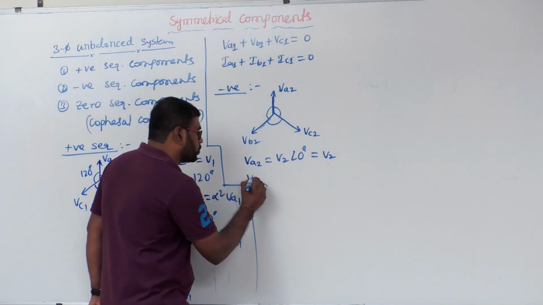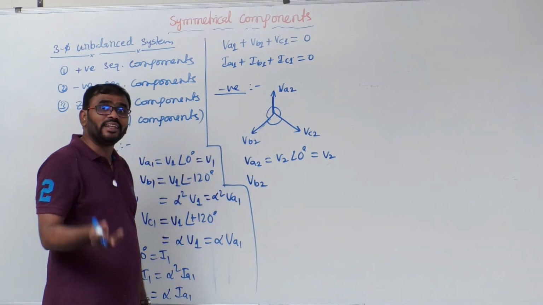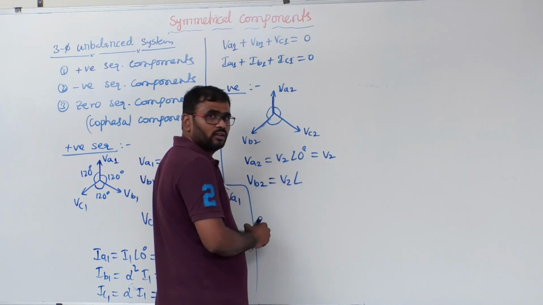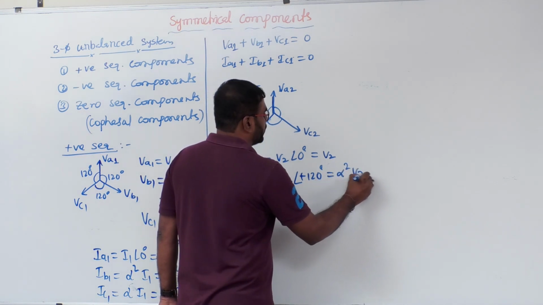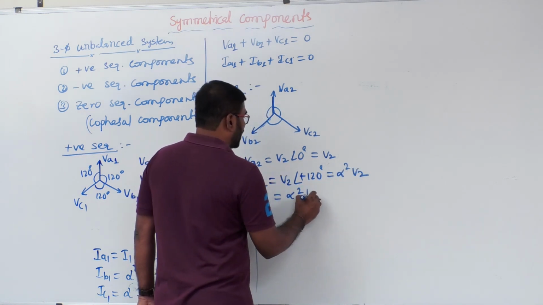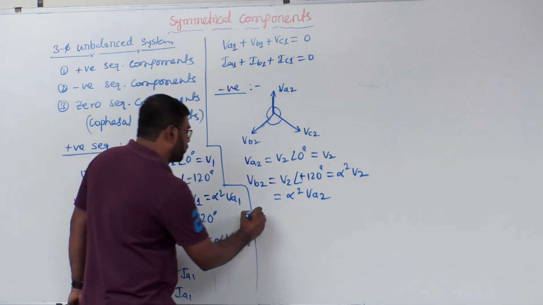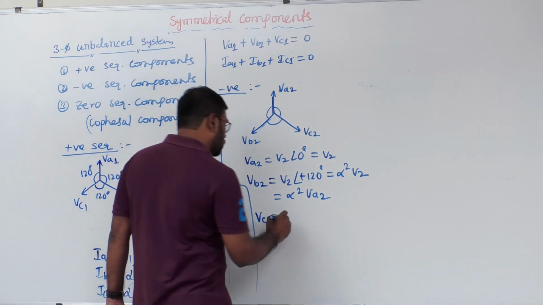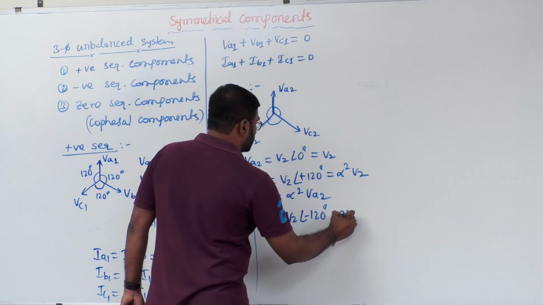What about VB2? That leads the VA2 by 120 degrees. Leading, not lagging. That's why V2 at an angle plus 120, not minus 120. That means alpha V2, nothing wrong to say alpha times VA2. Now, what about VC2? VC2 lags the VA2 by 120 degrees. So, we can write V2 at an angle minus 120.